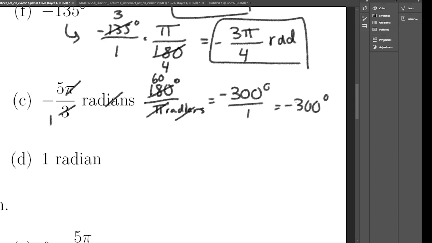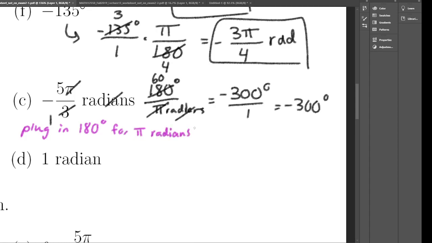Now, at this point, I do want to show you an alternate method to do this problem. Converting from degrees to radians, there's really one good way to think about it. But converting from radians to degrees, there is a little bit of a shortcut as long as there is a pi in your starting thing. A different way you could do this is you could instead plug in 180 degrees for pi radians.